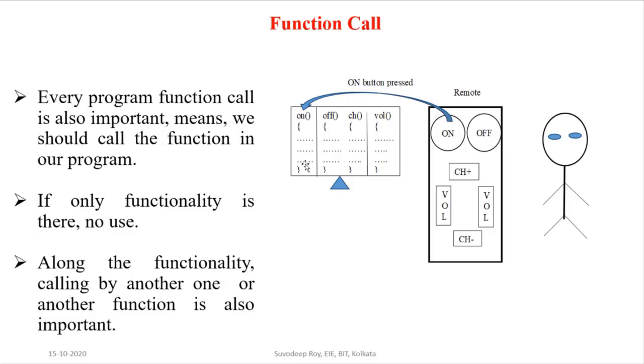What is the result here? The TV will be on. Similarly for the off button, and when we press the channel button, the channel function will be called and executed. When we use the volume button, the volume function will be called and executed. So whenever there is a function in our program, there must be a function call, otherwise that function will never be executed or give any result.